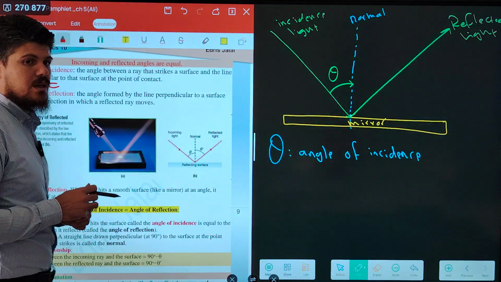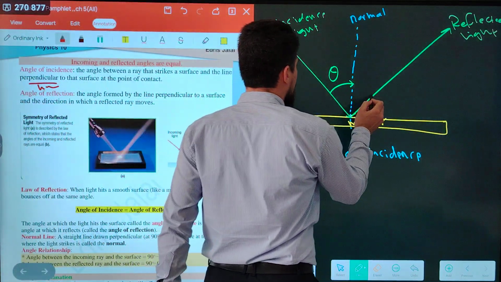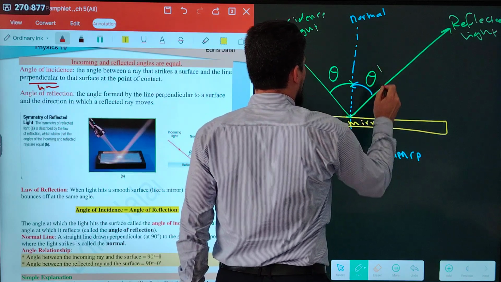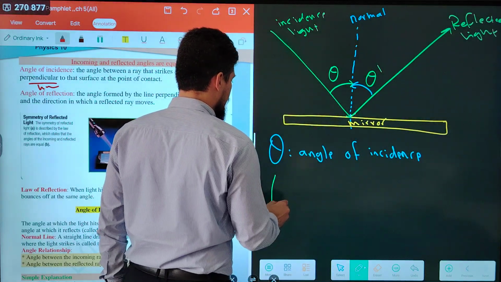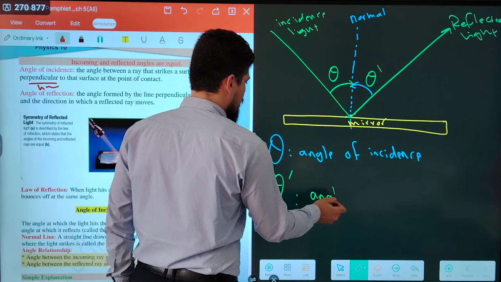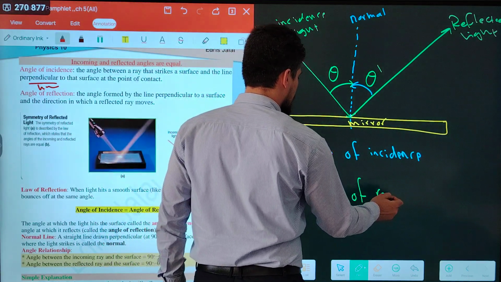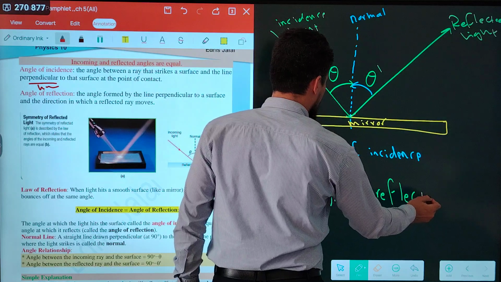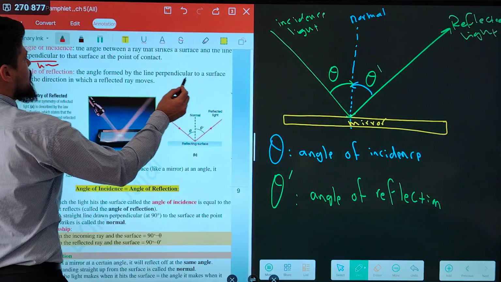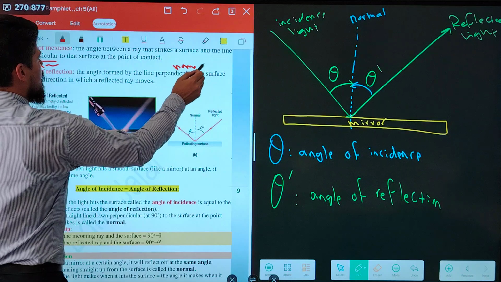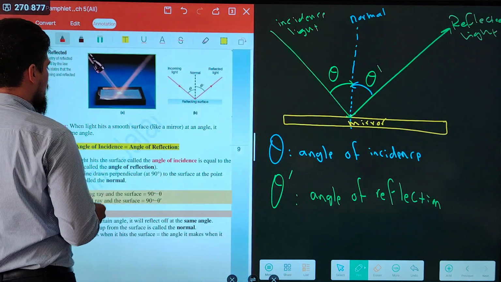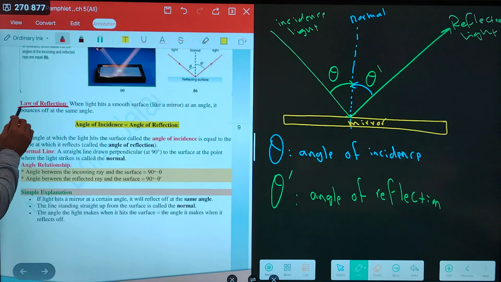The angle of reflection is theta prime. It is the angle formed between the normal and the direction of the reflected ray. Theta and theta prime: the law of reflection.